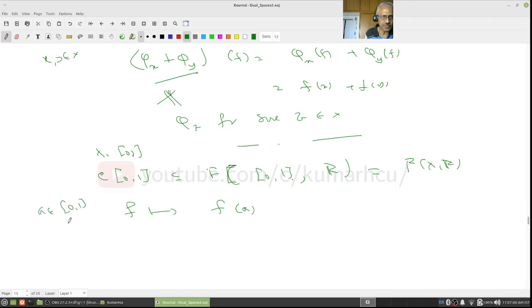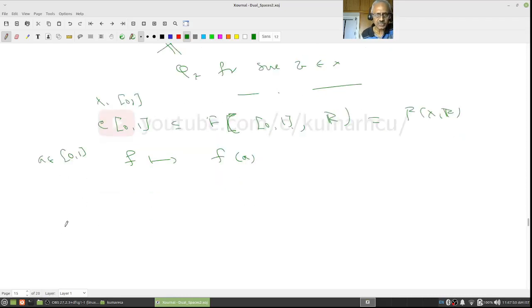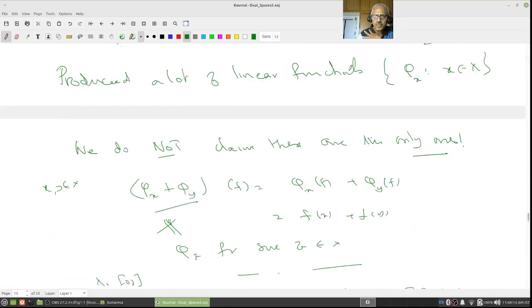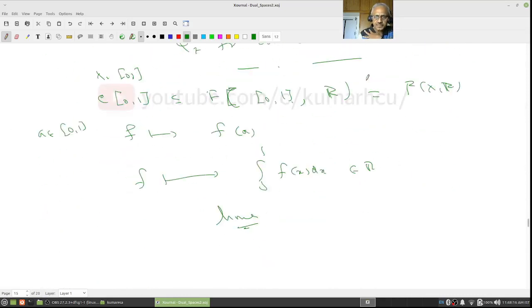In particular, a could be 0 or a could be 1. It's a natural choice. But remember, I also have another linear functional, that is, give me an f, send it to the integral from 0 to 1 of f(x) dx. Since f is a continuous function, this is a linear map, we know that, and this is a real number, the integral exists, which is a real number, and this is linear. It need not be of the form phi_x.